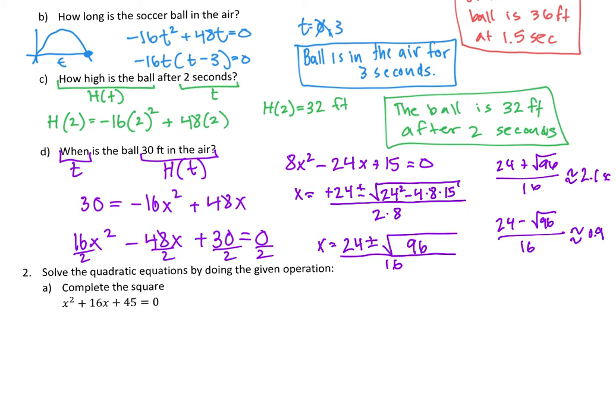So when we're asked, when is the ball 30 feet in the air? The ball is 30 feet in the air at 2.1 seconds and 0.9 seconds.